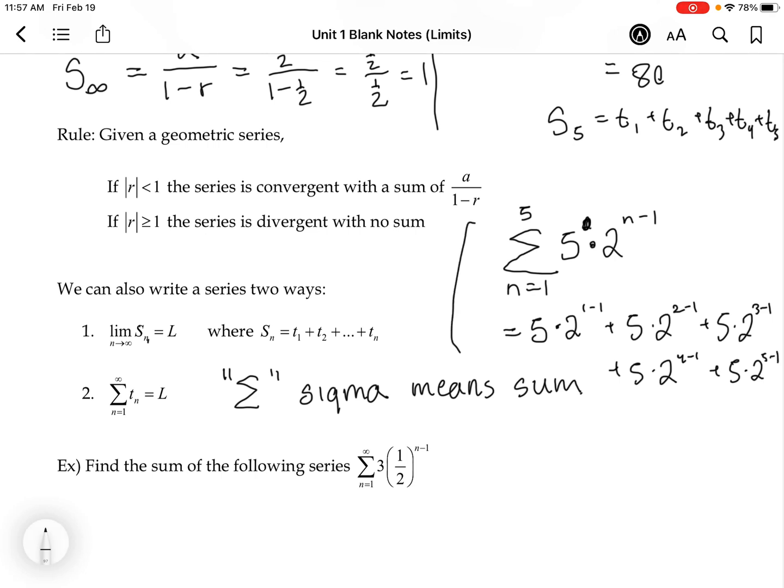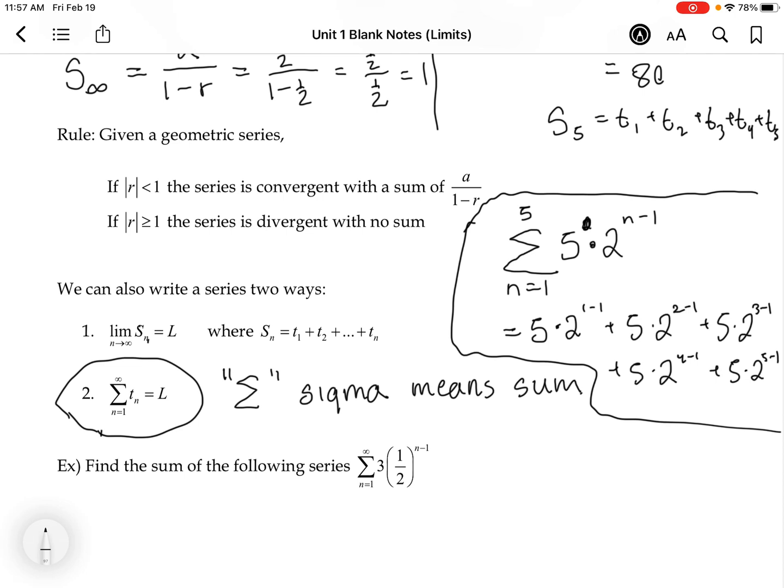Okay, so this is what this notation is all about. We can use it for finite sums like this one, or we can use it for infinite sums like this one. This would be an infinite sum. And if we're looking at a series that converges, then we would be looking at an infinite sum.